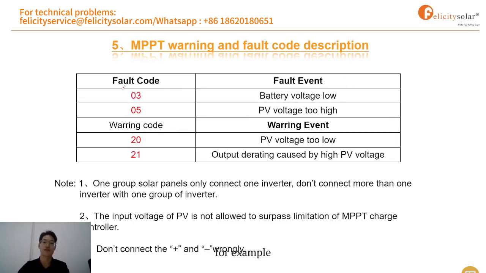For example, in a fault code, if the MPPT shows 03, which indicates that the battery voltage is low, how do we check this problem?